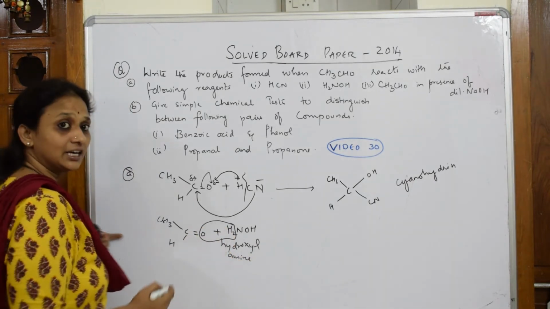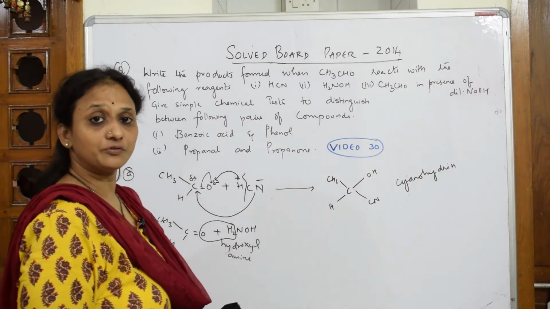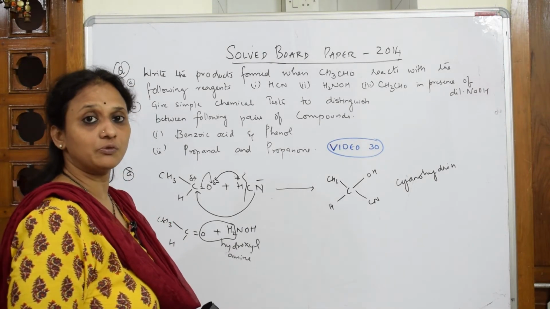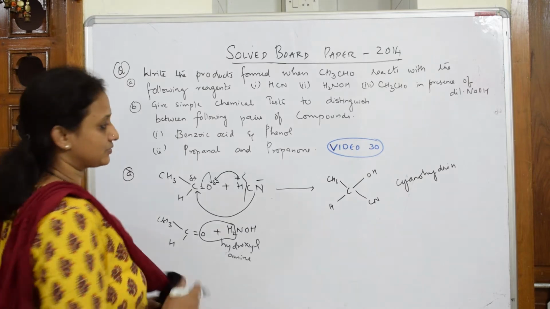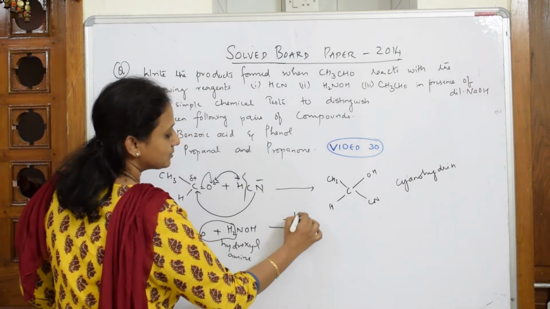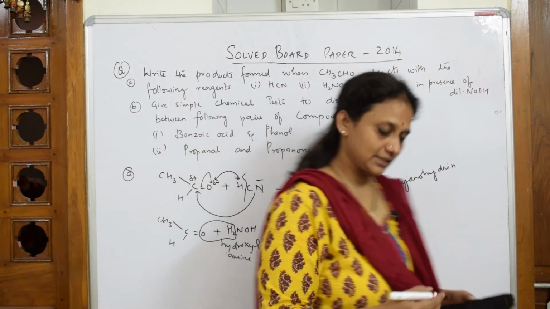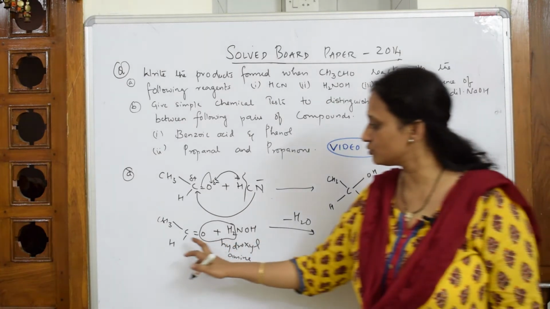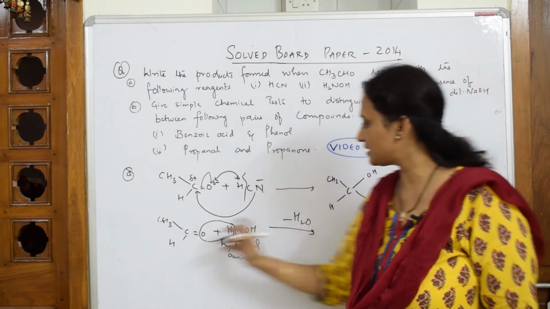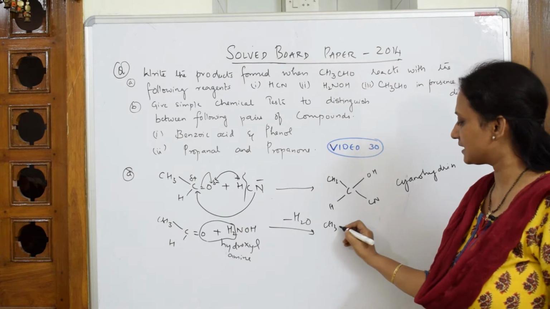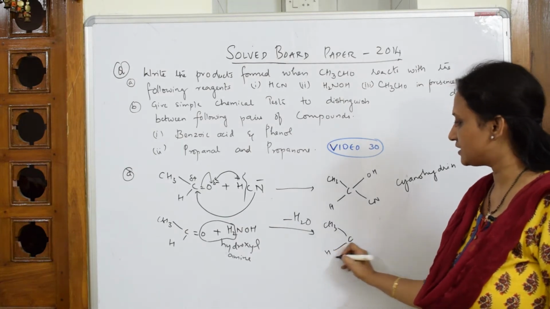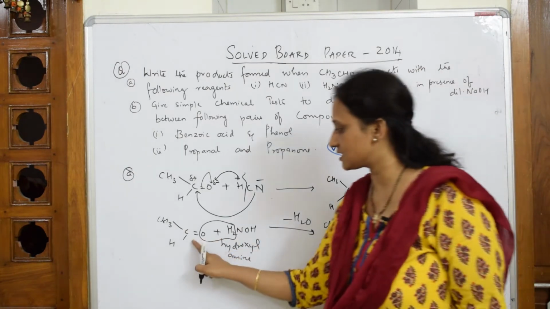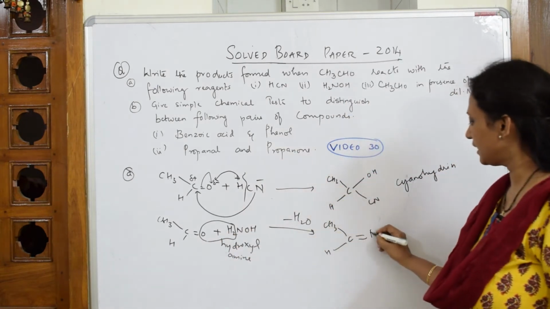We have studied reactions involving elimination of oxygen in the form of water, and this is one of them. So I get minus water. I have to be careful: just eliminate water and copy the same. CH3 is like that, your carbon is here, H is here, your double bond is still existing. Please remember that. Double bond and NOH.